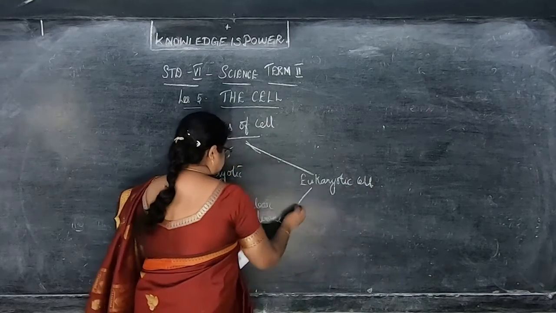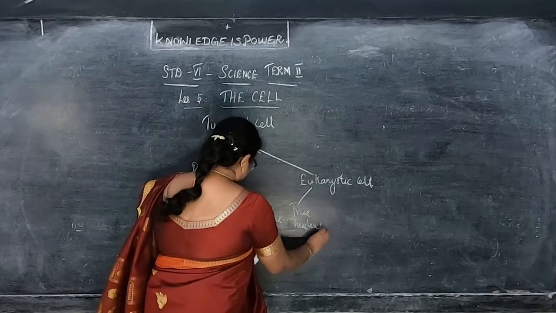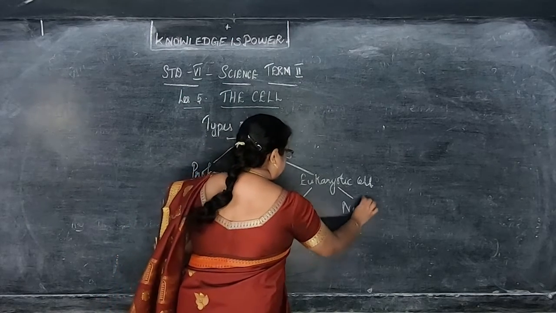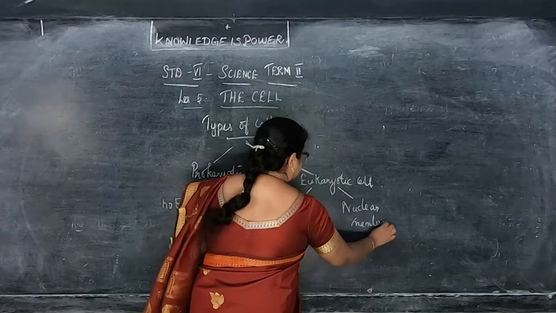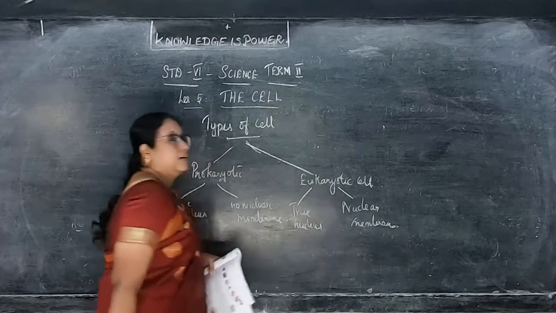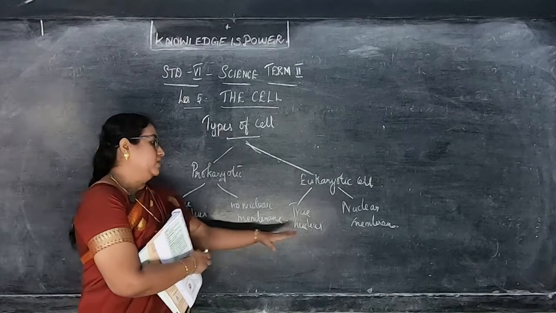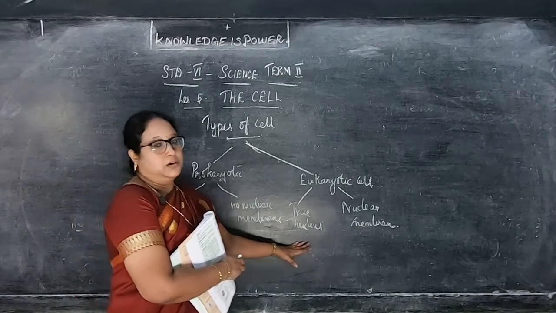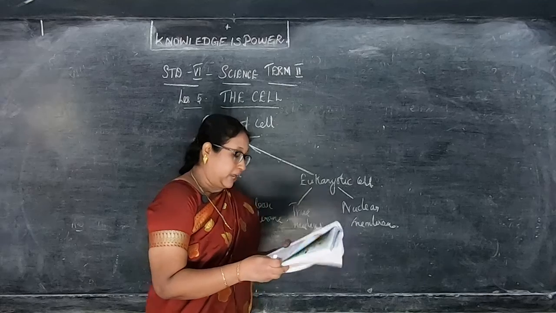Here it has a true nucleus and it consists of the nuclear membrane. Okay, children, there are two types of cells: prokaryotic and eukaryotic. Prokaryotic has no true nucleus and no nuclear membrane, while eukaryotic cells have a true nucleus and a nuclear membrane. First we will see the prokaryotic cells.